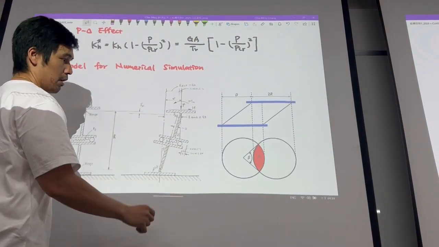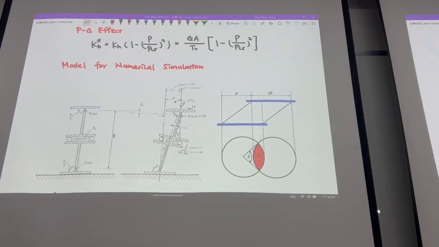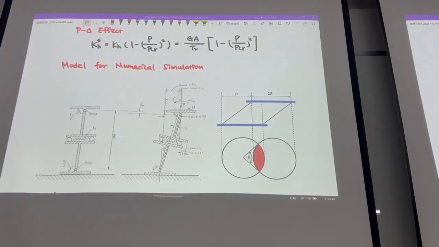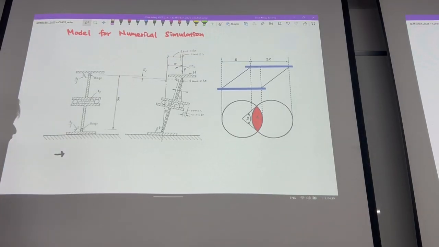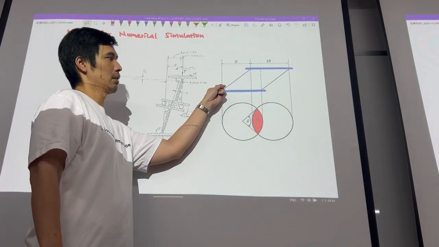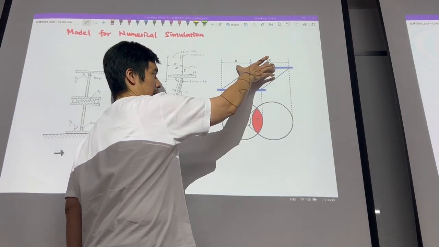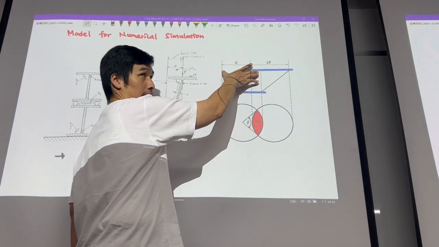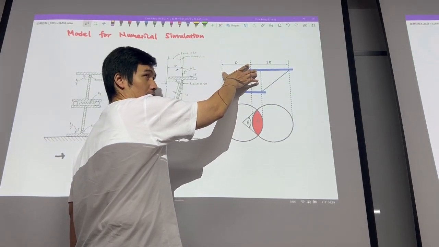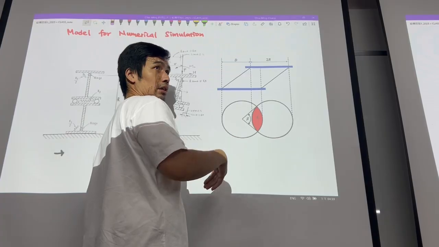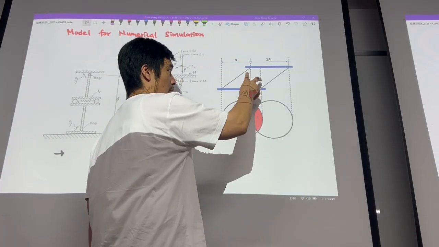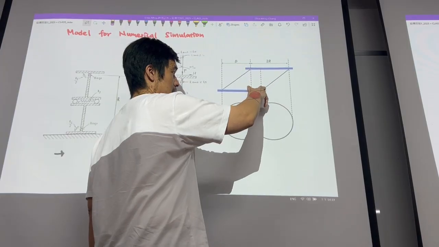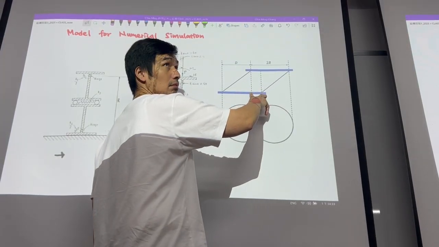Okay. So one of the reasons is that when you look at this one, originally the top plate is here. In order to consider the area that can provide the shear force, we can only use that effective area.